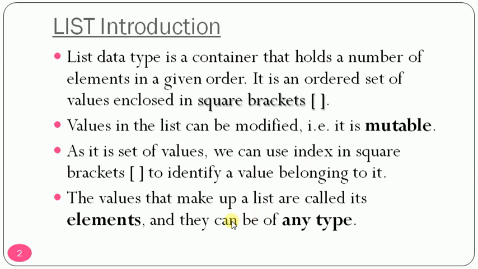Then, each of these values we call elements, and elements can be of any type. It may be an integer, a string, or decimal point numbers, or these values can be mixed up together in a list. So it is heterogeneous, not homogeneous. Different types of values can be given enclosed within this list.